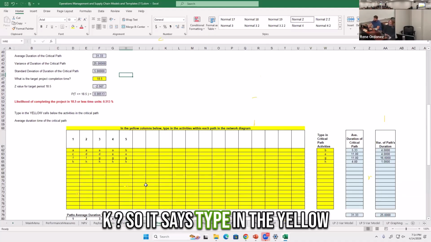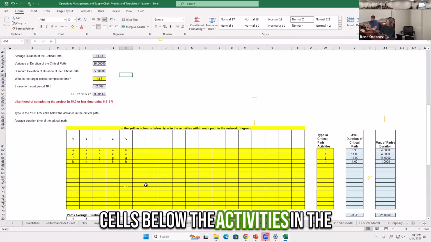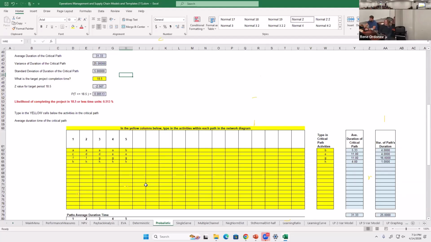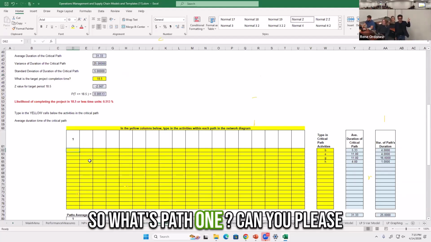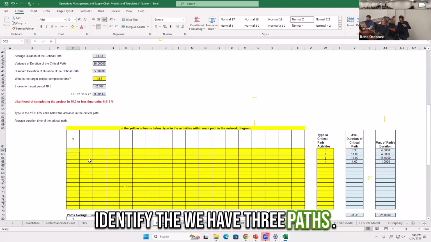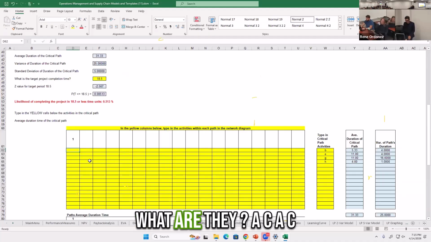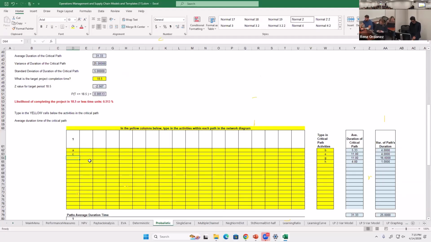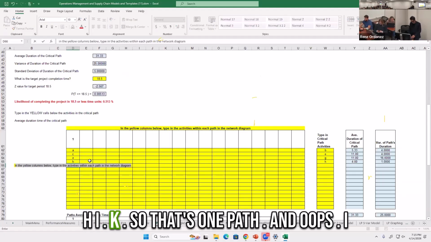It says to type in the yellow cells below the activities in the critical path. So what's path 1? Can you please identify? We have 3 paths, right? What are they? A, C, E, H, I. That's one path.